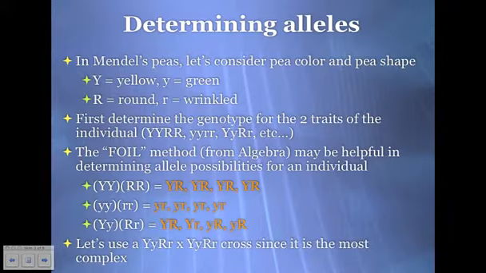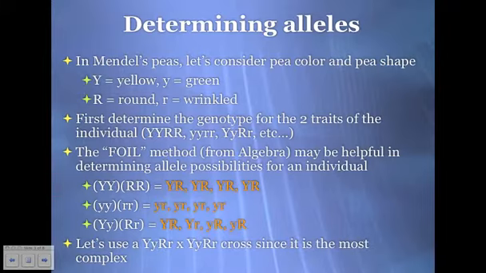So for the first example, if there are two capital Y's and two capital R's, the only type of gamete that can be produced is one capital R and one capital Y. Remember that a gamete has half of the genetic information of the parent. Gametes are haploid compared to all the other body cells or somatic cells being diploid.